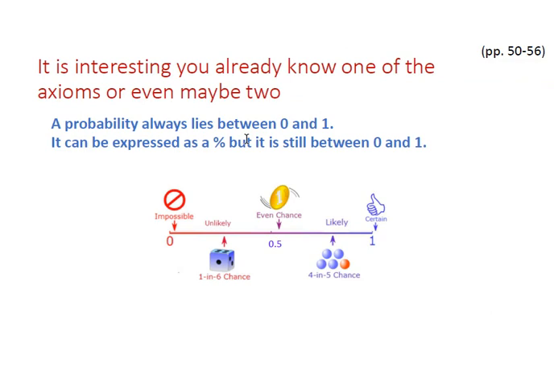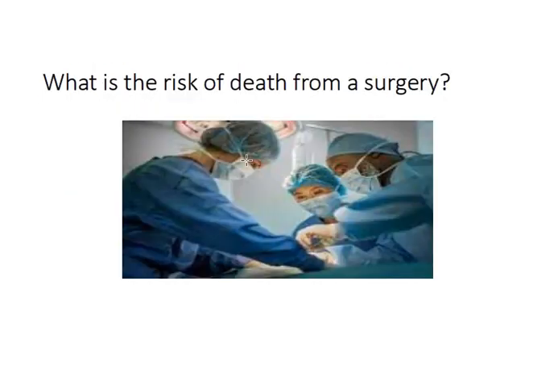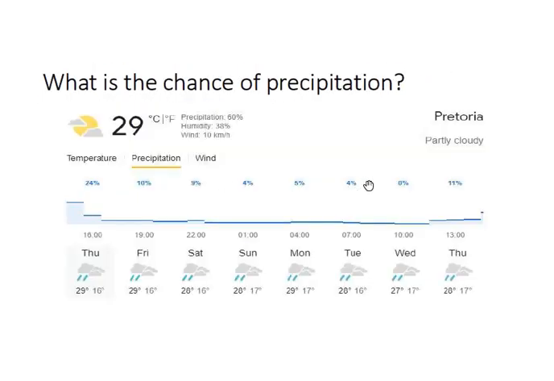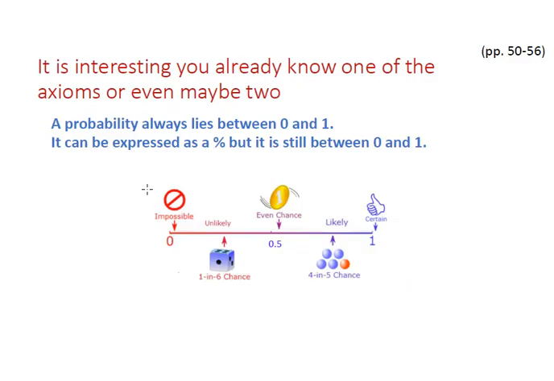But now it's interesting because you already know one of the axioms, or even maybe two of them. A probability always lies between 0 and 1. Let's look at this example again: 0%, and the maximum value is 100% for a day. So probability can be expressed as a percent, but it is still between 0 and 1.